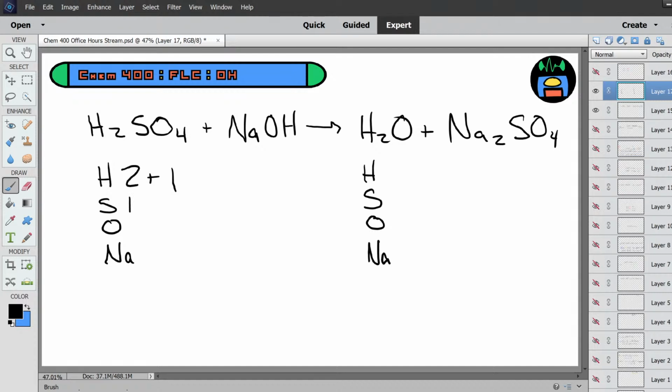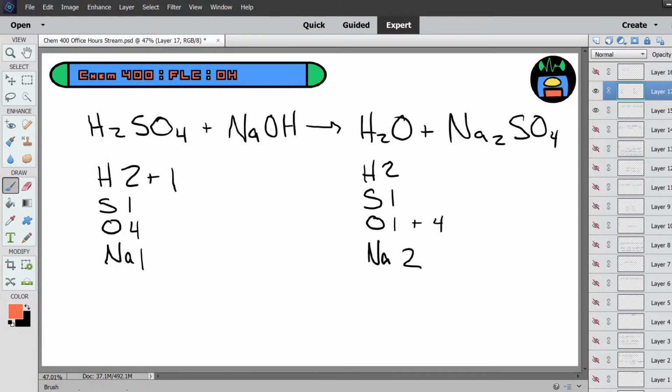We have 1 sulfur atom, 4 oxygen atoms, and 1 sodium atom. On the product side, we have 2 hydrogens, 1 sulfur, 1 oxygen from water plus 4 from sodium sulfate, and 2 sodiums. Now, you want to go for the atoms that are the easiest, right?